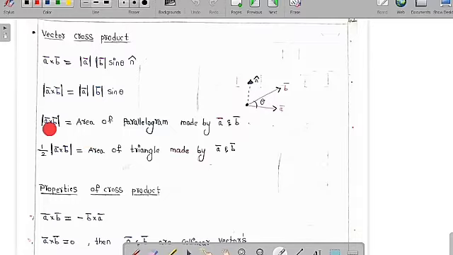But if you want only half of this, then we get the area of the triangle formed with the help of these two vectors. So the magnitude of A bar cross B bar gives you the area of the parallelogram made by vectors A bar and B bar, and half of the magnitude of A bar cross B bar is the area of the triangle made by A bar and B bar.